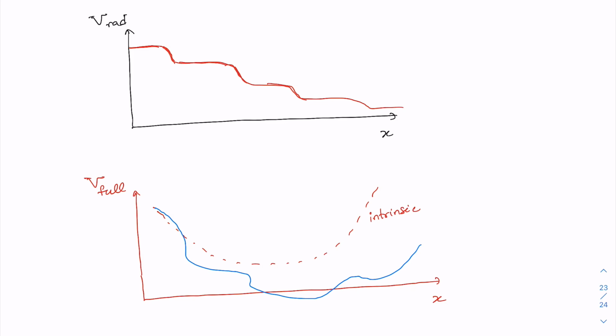So what is the significance of this resultant potential? If you look at it, you will observe that there are several local minima here. You have a minimum here, here, here, and so on.